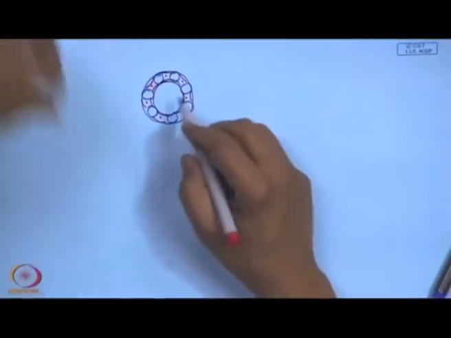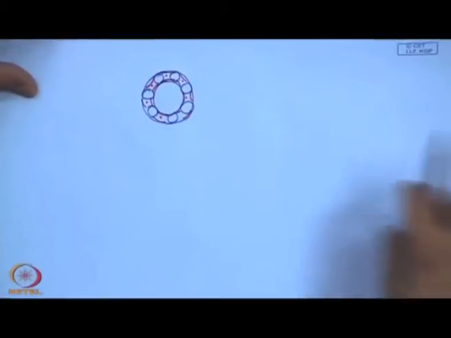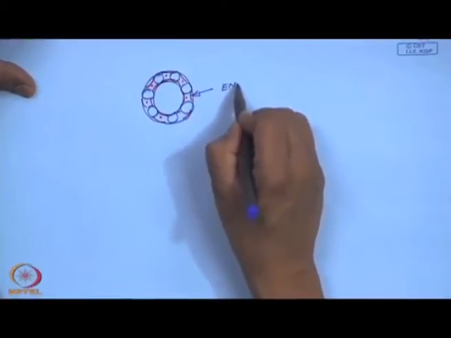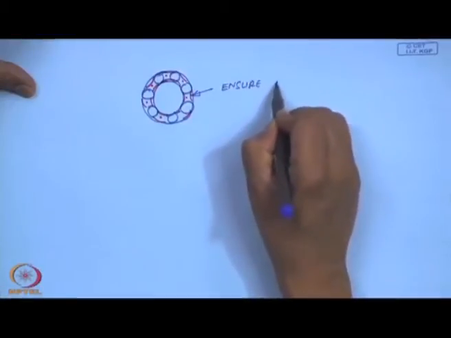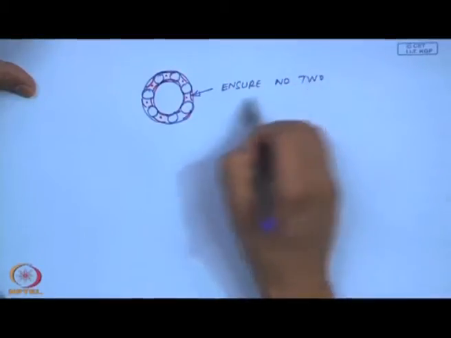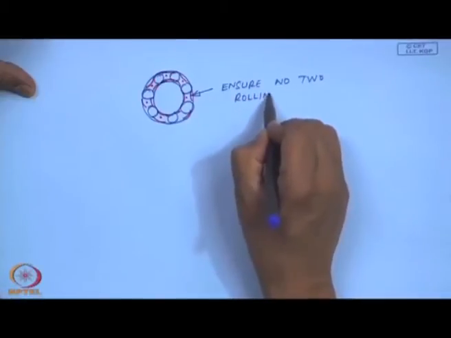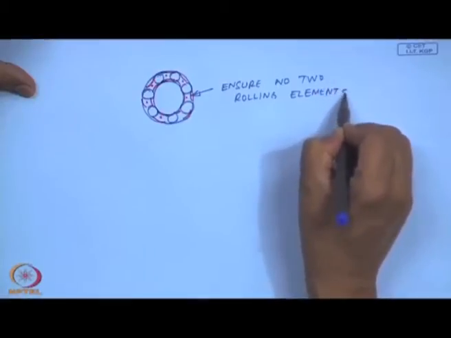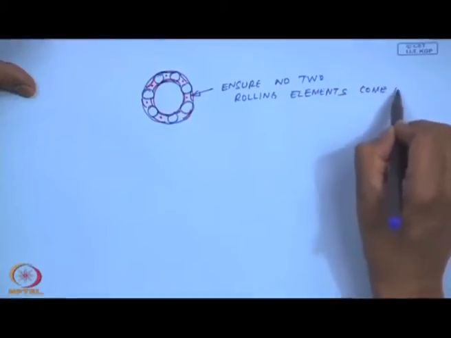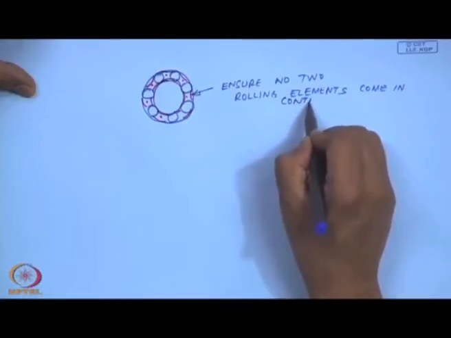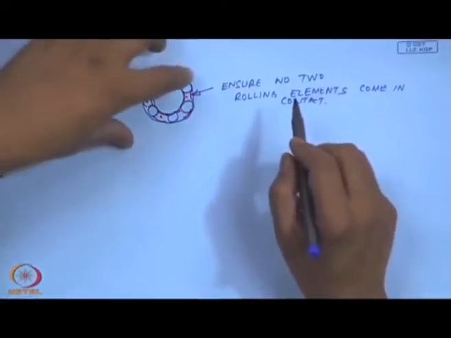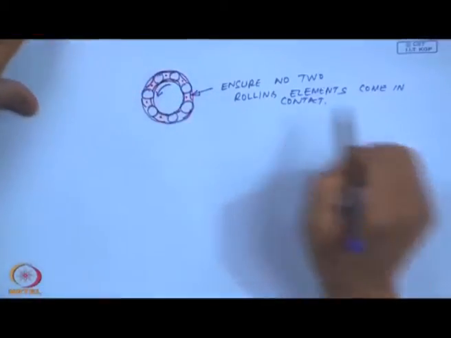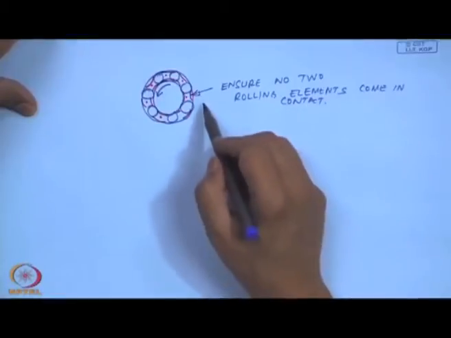However, they are free to rotate, but the purpose of the retainer is to ensure no two rolling elements come in contact. Okay. But then they are loosely rotating. If the shaft is rotating, they will be spinning at their own frequencies.